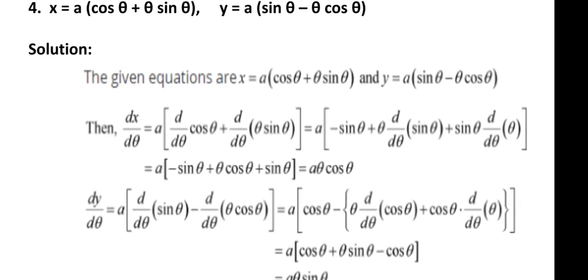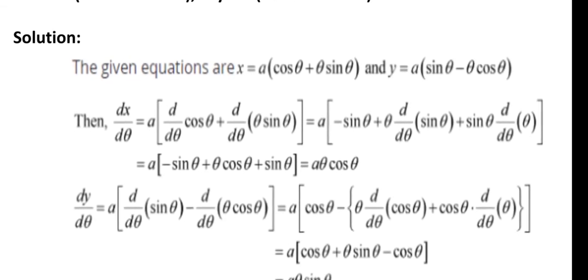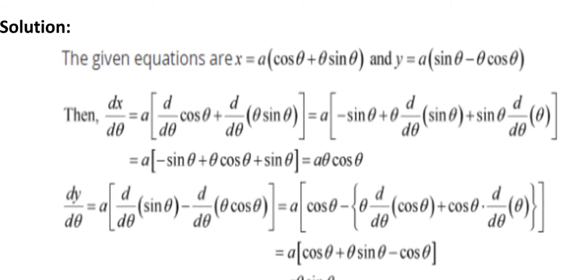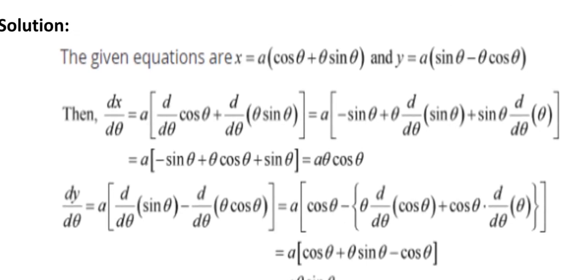Theta is the first function, so theta into d by d theta of sin theta plus sin theta into d by d theta of theta. So we get a into minus sin theta plus theta cos theta plus sin theta, the sin theta cancels, and the answer is a theta cos theta.